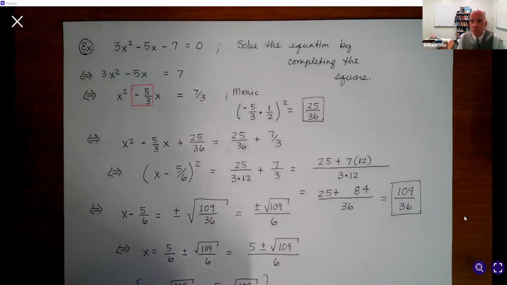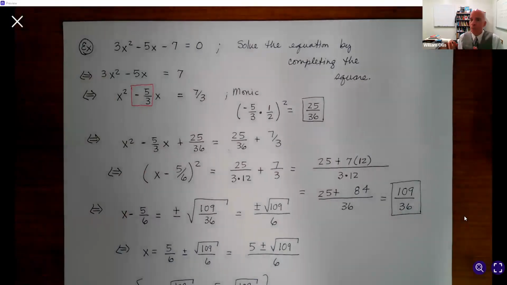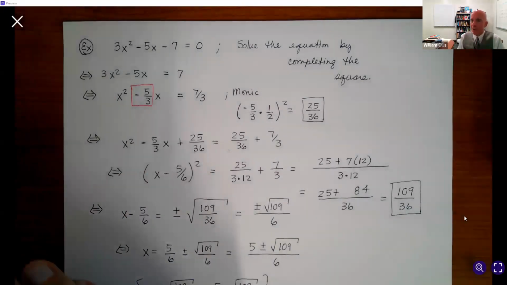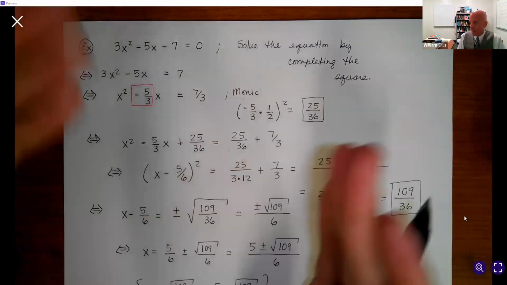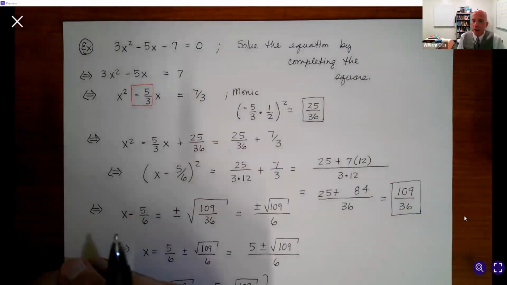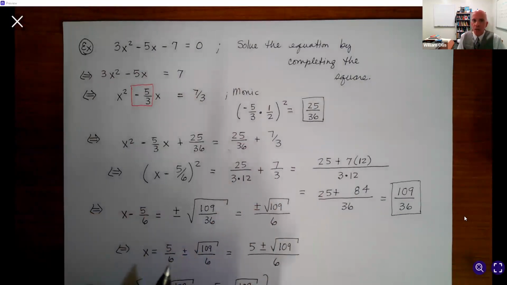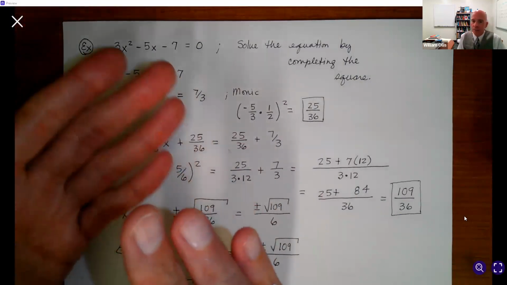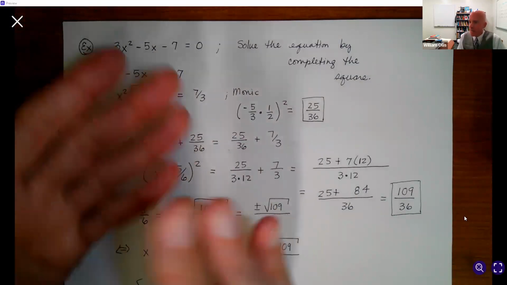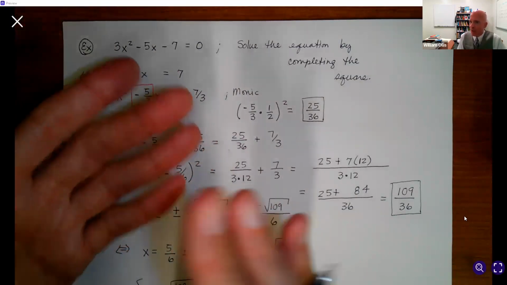So there'll be times when you need to complete the square, not because you're trying to solve an equation, but you're trying to produce a form that gives you more information. Maybe, like I said before, you're dealing with integrands that are Pythagorean. You're dealing with conic sections, again, that are Pythagorean.